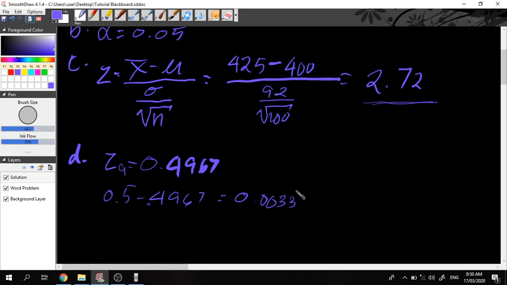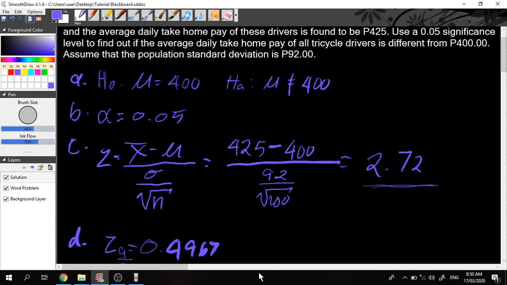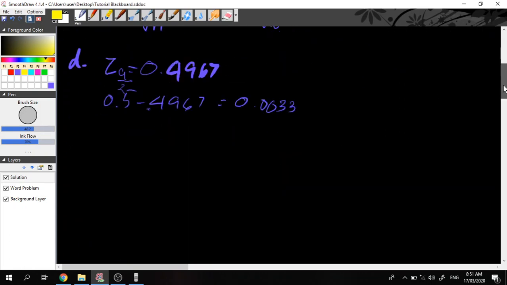Then, itong 0.0033 ay kailangan nating i-multiply sa 2 kasi ito ay alpha over 2. Mapapansin nyo dito na ito ay isang two-tailed test. Meron siyang not equal sign. Ibig sabihin, two-tailed siya. So, kailangan natin siyang i-multiply sa 2.